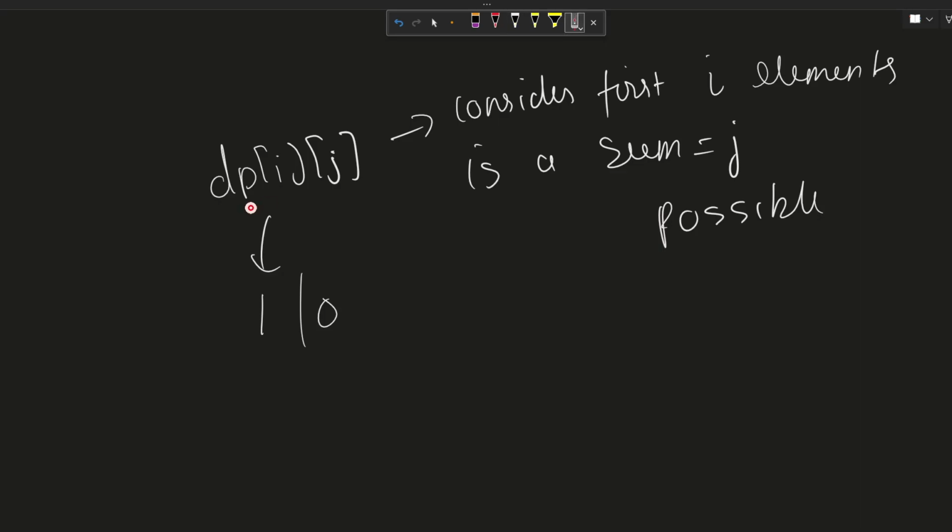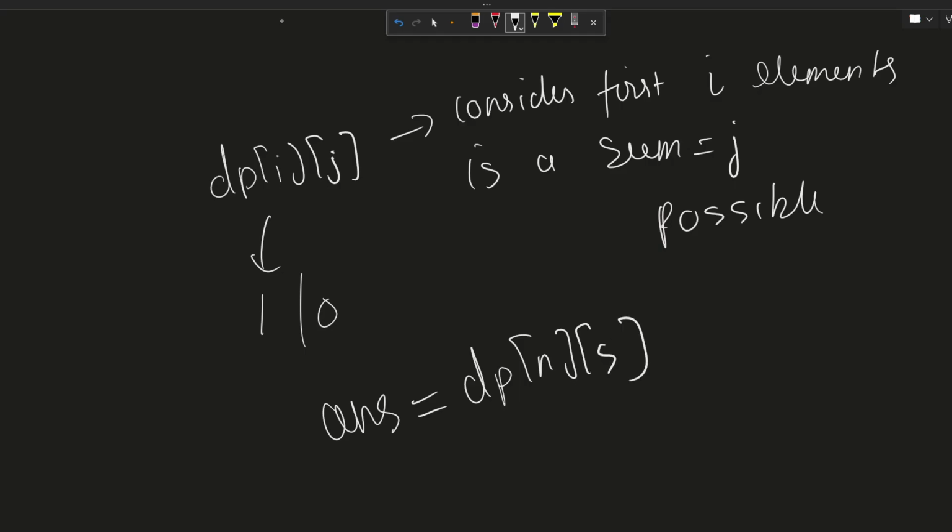So dp of i comma j just means that we consider the first i elements, and considering the first i elements, is a sum of j possible or not, right? So coming to the final answer, in the question we were asked to find, for the first n cards, is a sum of s possible or not, right? So our final answer just becomes dp of n comma s, right?